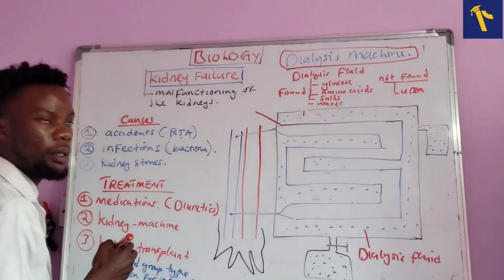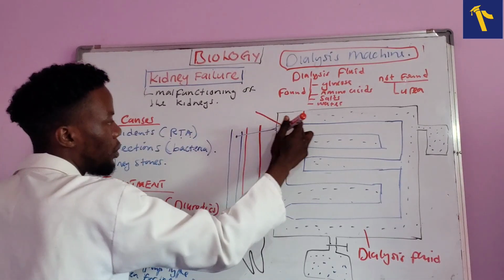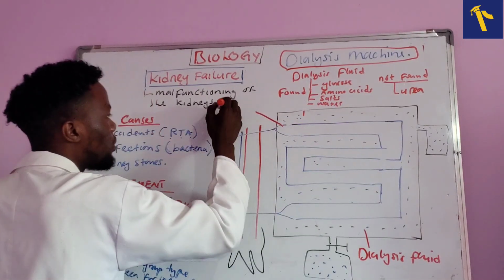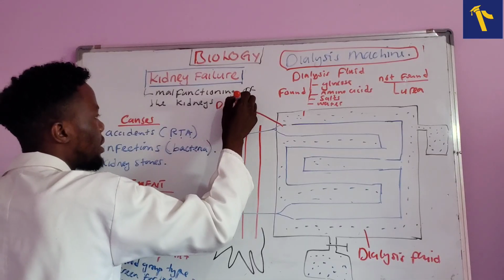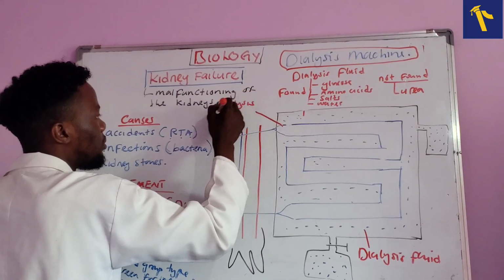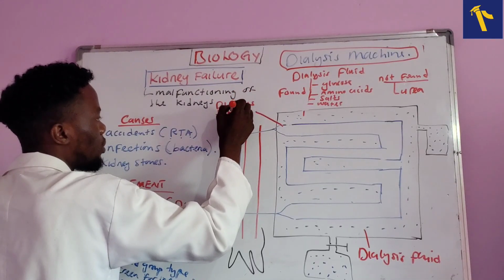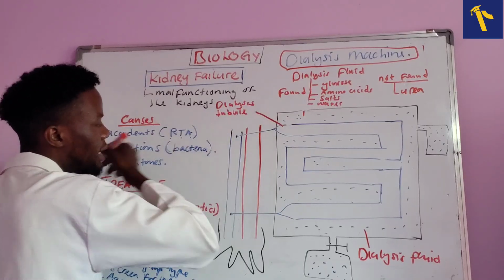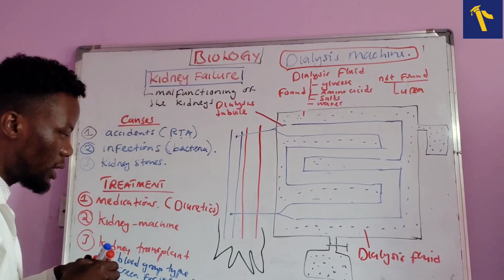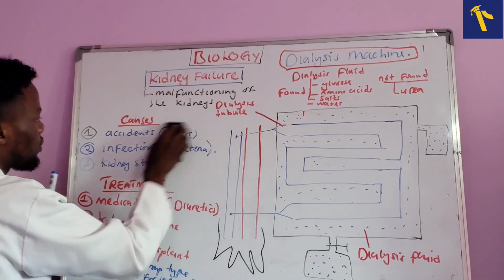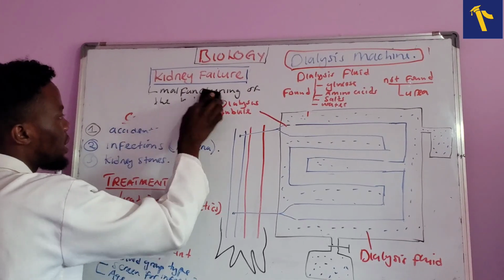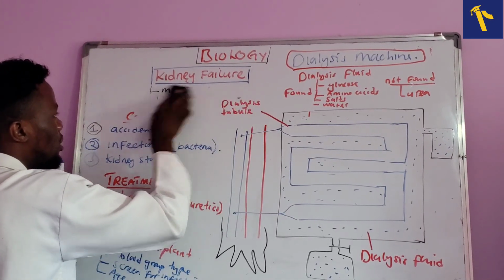So what do we call this tube? The one which is in blue, what do we call this? We call it dialysis tubing. Okay, dialysis tubing. So let us make space so that we also talk about the dialysis tubing.